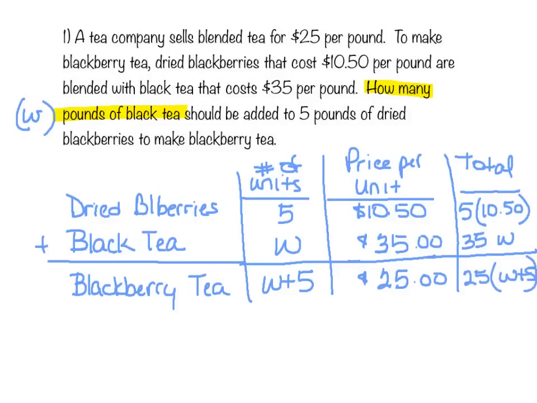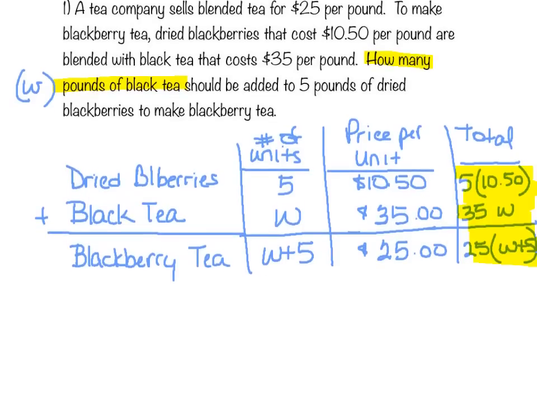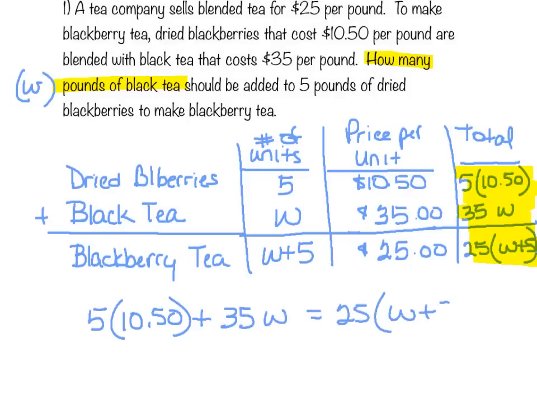So we're going to use this column to write our equation. The price for the blackberries is 5 times $10.50 plus the price of the black tea, 35 times W, has to equal 25 times W plus 5.